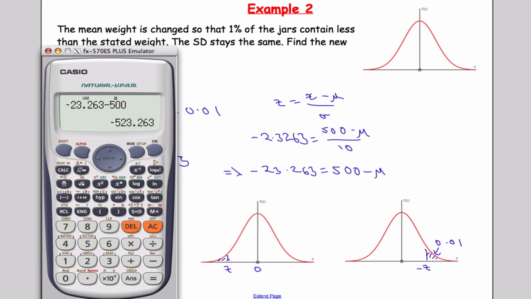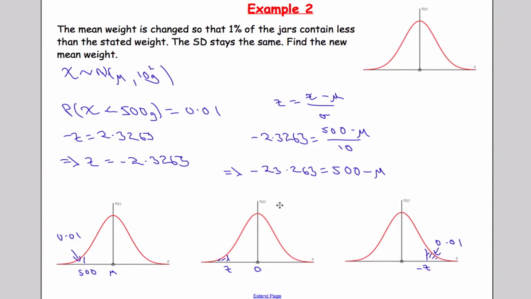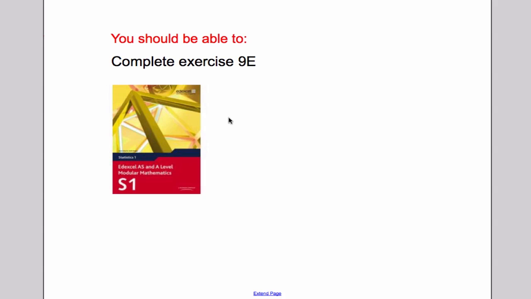So negative mu is minus 523, which means mu must be equal to 523. Fantastic. Okay, we're going to leave it at that now.